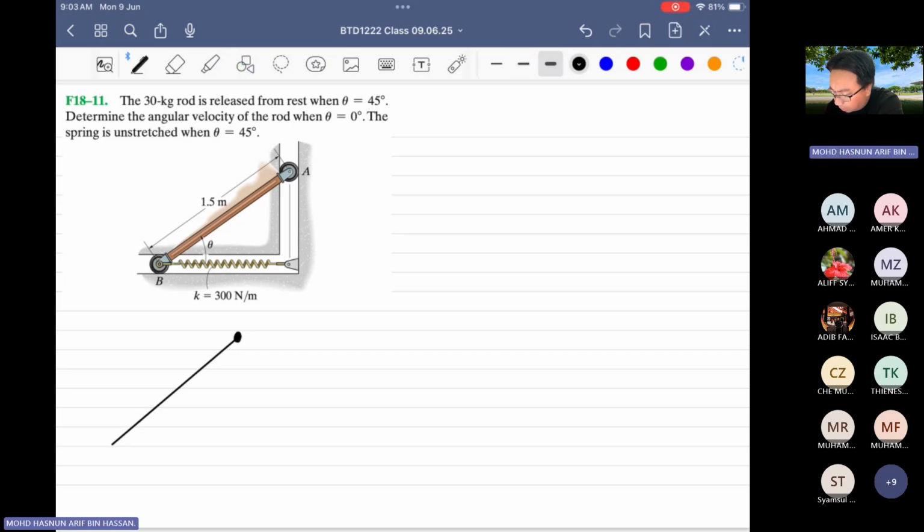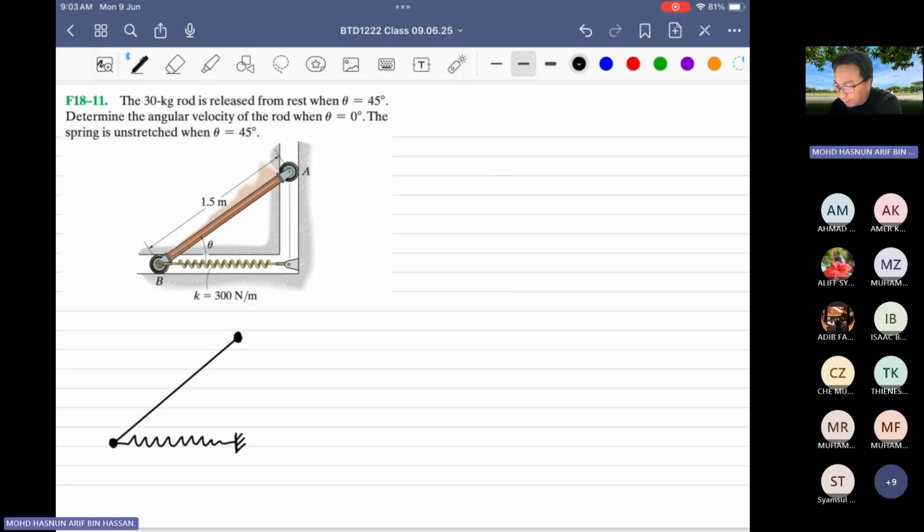So this is the rod at the first position. And we have the spring also. So here the spring will be like this. So this is the first position, 45 degrees.